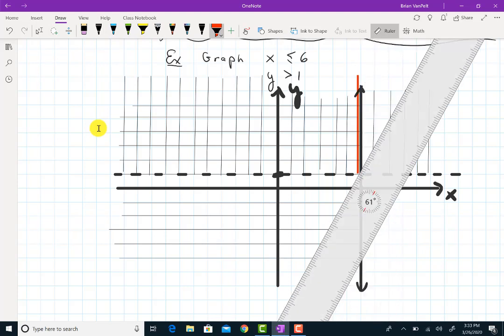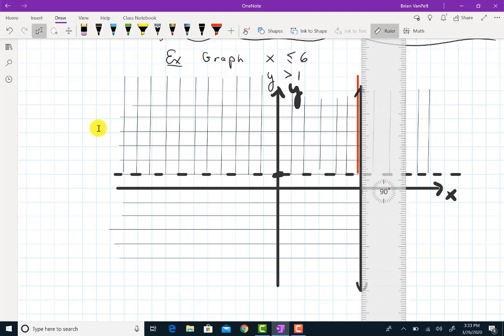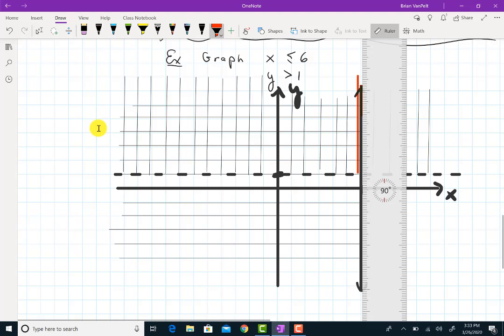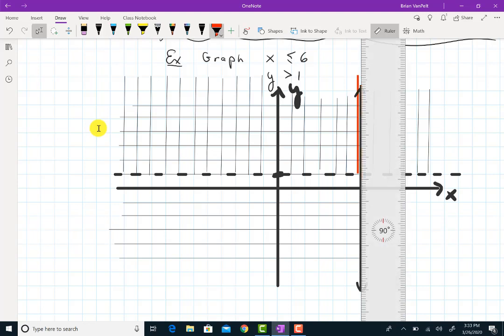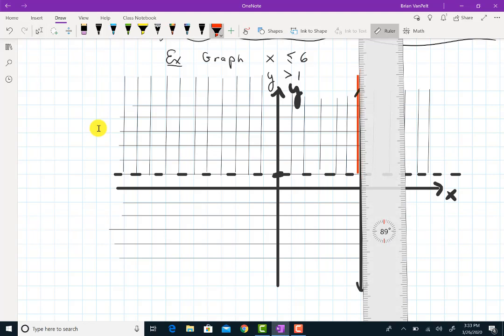Oh, look how bad that is. I need more shading here. Well, that's a little better. Okay, I can live with that.